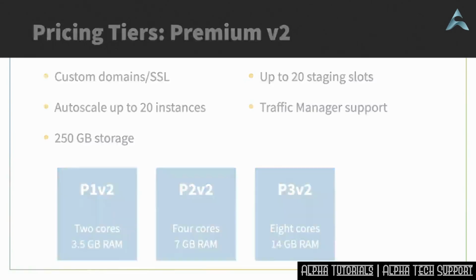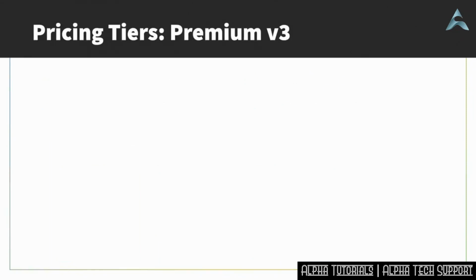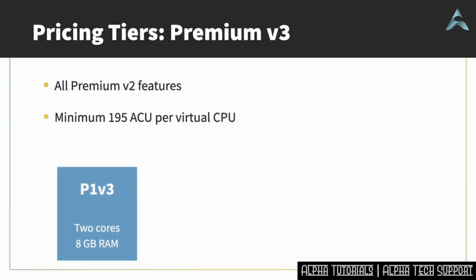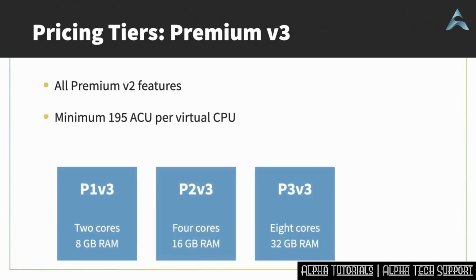And also, if we go for something called Premium V3, which is one of the latest versions that we have here, we have all the Premium V2 features, and a minimum of 190 ACUs per virtual CPU. And we also have, by the way, an important part: this one always has 30 instances, so you can go up to 30 instances.